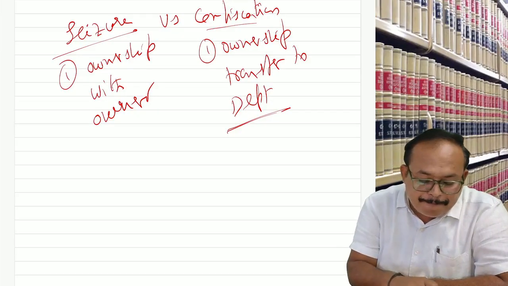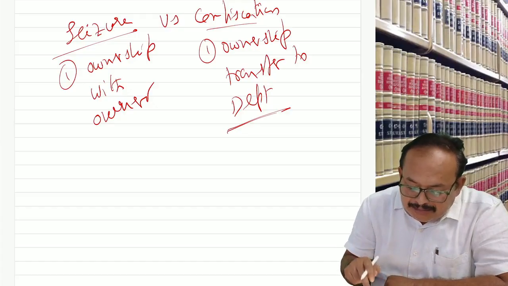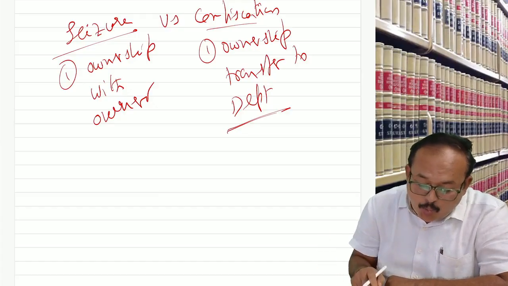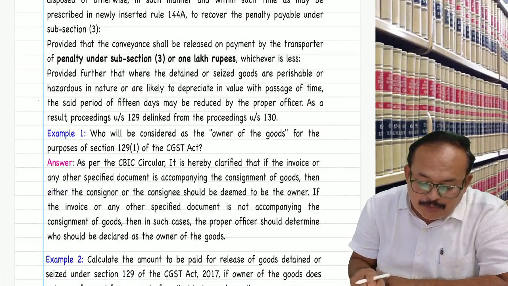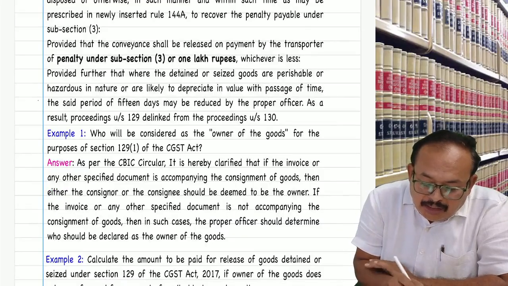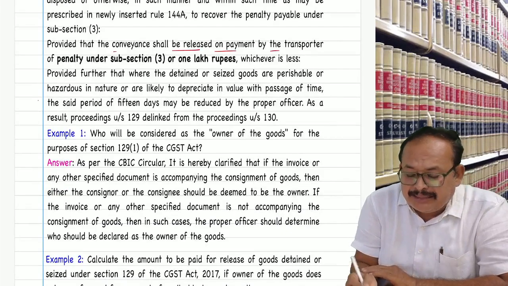Listen to me here. The penalty on the owner of the goods under Section 129 is as follows. Conveyance shall be released on payment by the transporter.